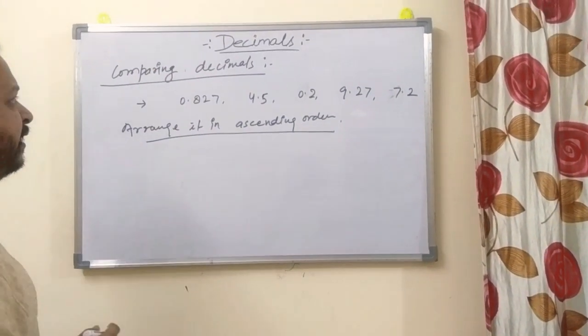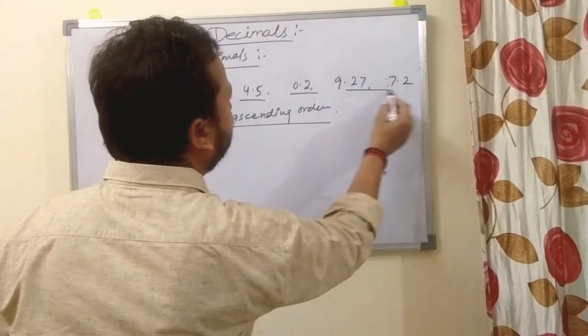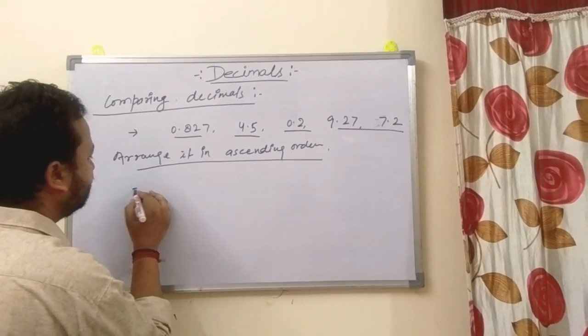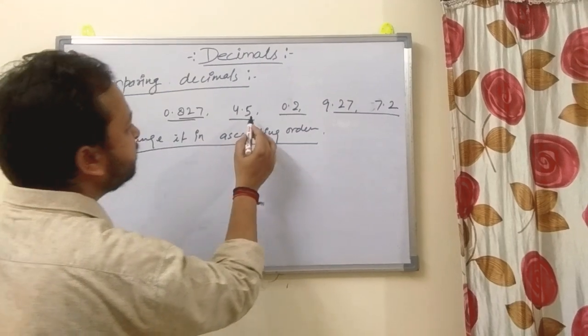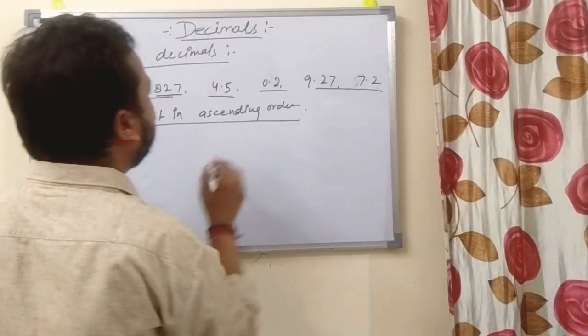So the first thing is that you have to convert them into like decimals. There are 3 decimal places at most. So put as many zeros as are needed.